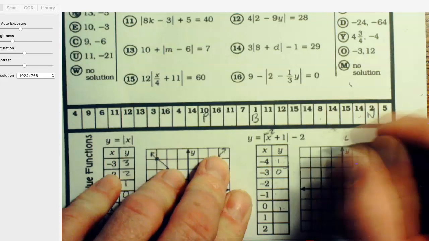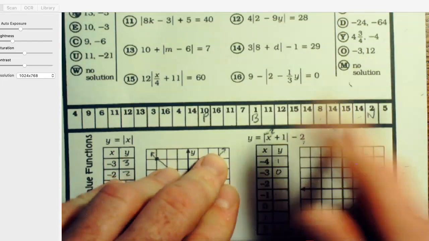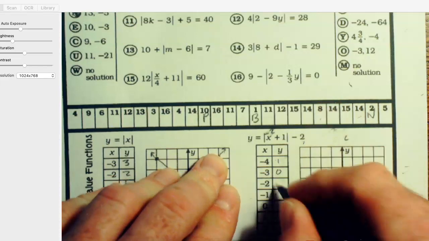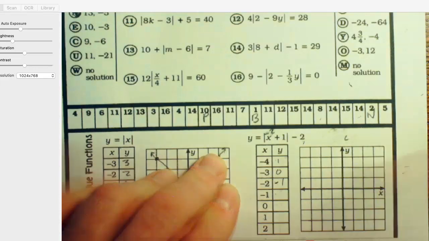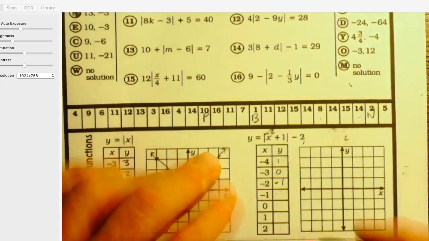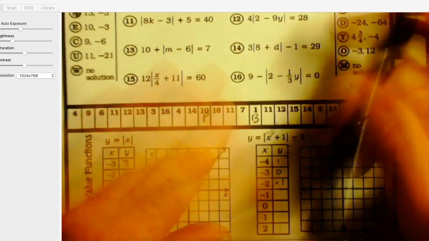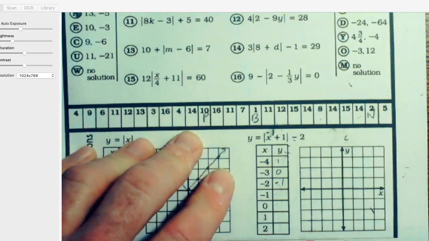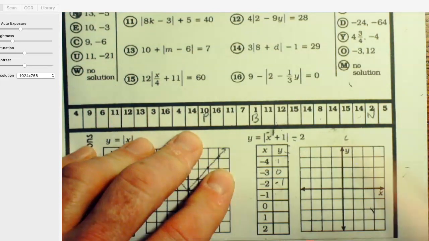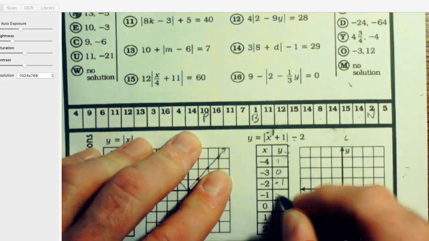So 1 minus 2, that's going to be negative 1. Okay, I'll keep going here. I'll do that with a negative 1. Negative 1 plus 1, well, that's going to be 0. So the absolute value of that is going to be 0. And then 0 minus 2, that's going to be minus 2.